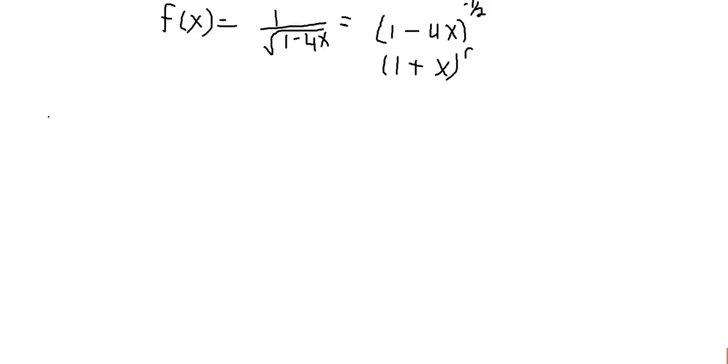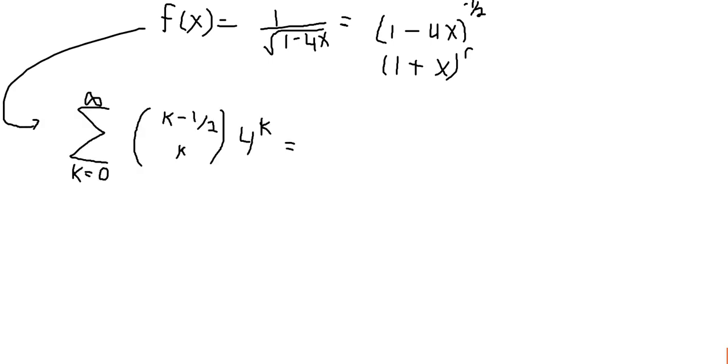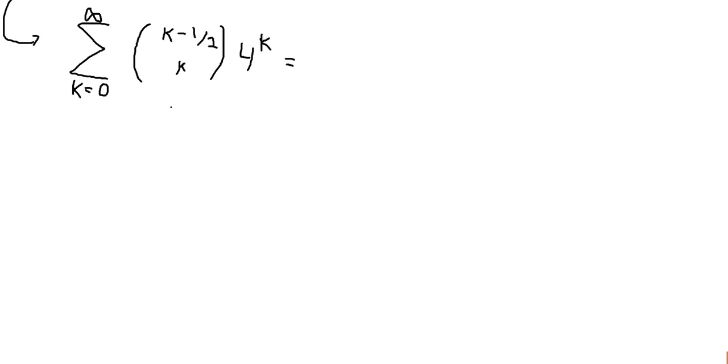So we know that this is equal to the infinite sum, as k goes from 0 to infinity, of negative 1/2 choose k, times negative 4 to the k. And so we can look at just one of these terms. If we expand the binomial coefficient, on the bottom we have k factorial. And we know that on the top we're going to have the first k factors that look like this.